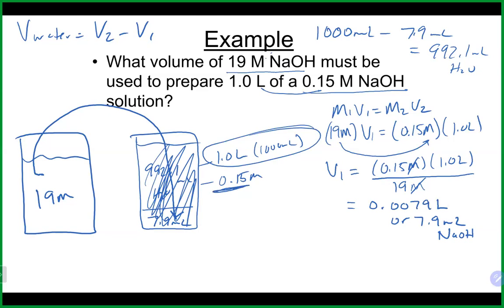So remember, that's a very common sort of question about dilution: oftentimes they will ask how much water you need to put in there to make the solution. The answer to this question is obviously 0.0079 liters, or 7.9 milliliters, which is what this question was asking.